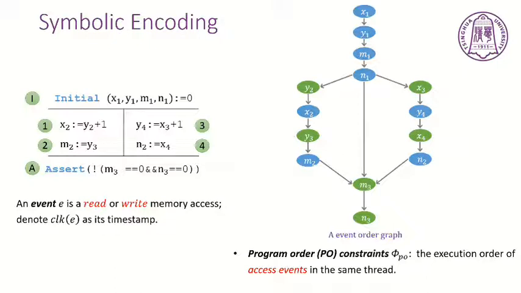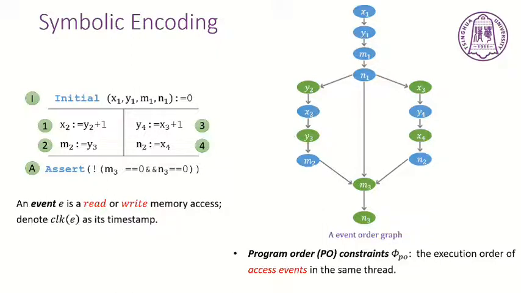So first, the program order constraint. Considering the access events that occur in each thread, we can obtain a chain of program order constraints. The program order constraint follows the natural order of the instructions.